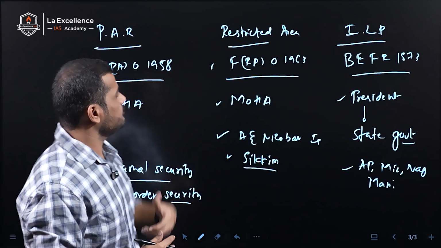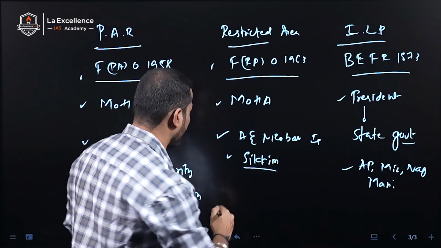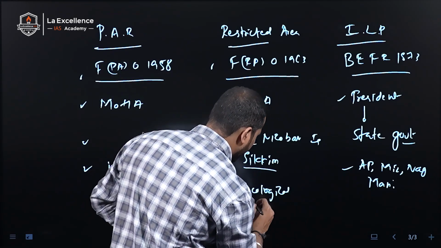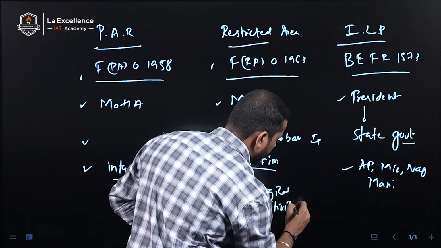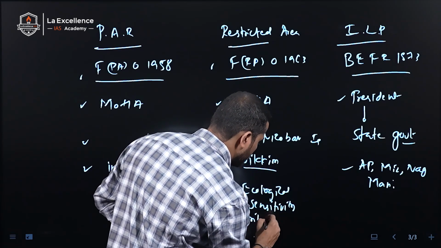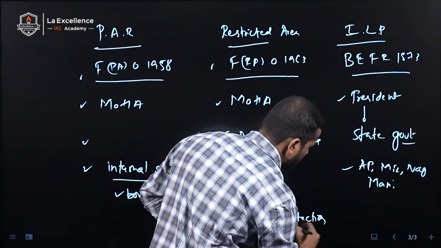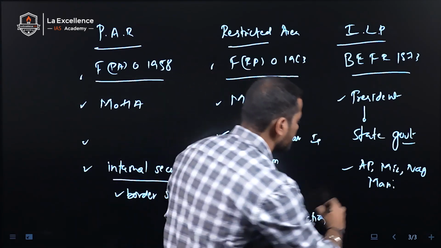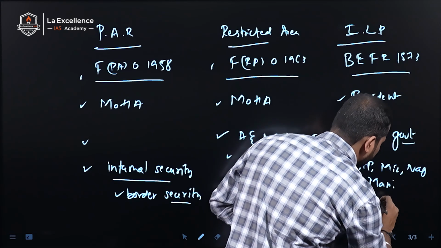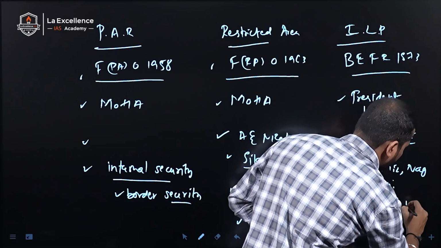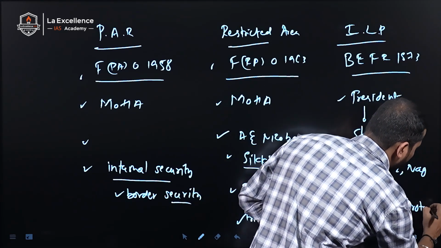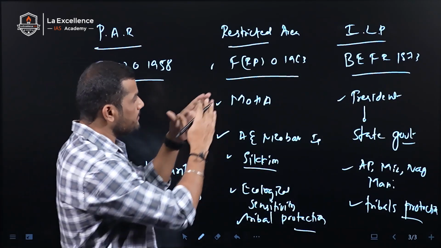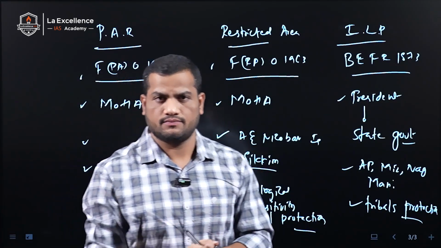But the main reason for restricted area is ecological sensitivity and also tribals protection. Inner line permit is mainly for tribals protection, means preventing outsider influence into the inner line protected areas.